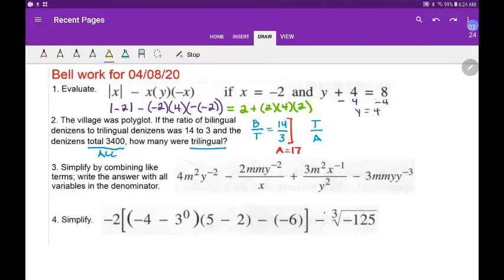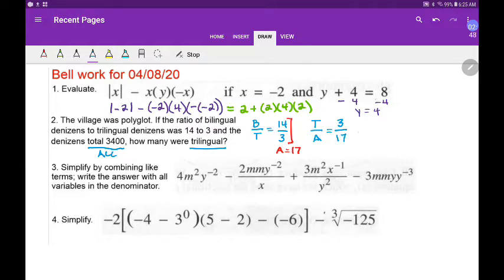But if I take that little group, that representative sample, and I add that all up, I'd have 17 in my little sample scoop. Okay, so that's going to be the trilingual. We said trilingual was 3 out of 17.